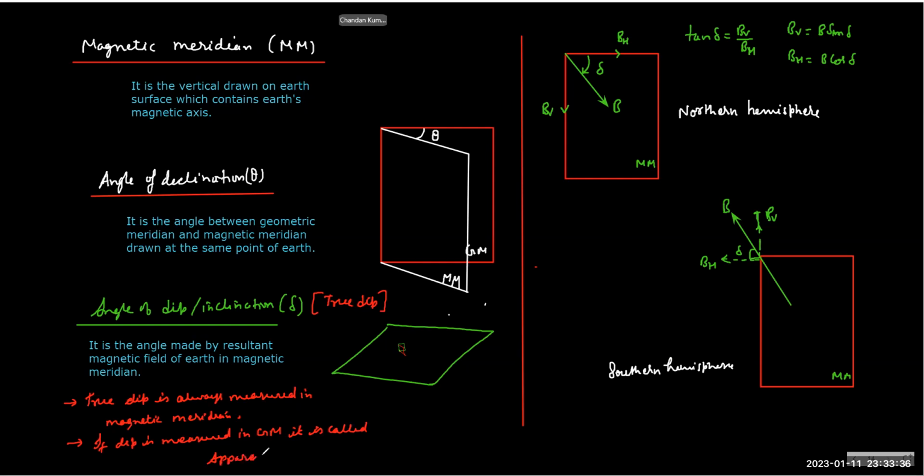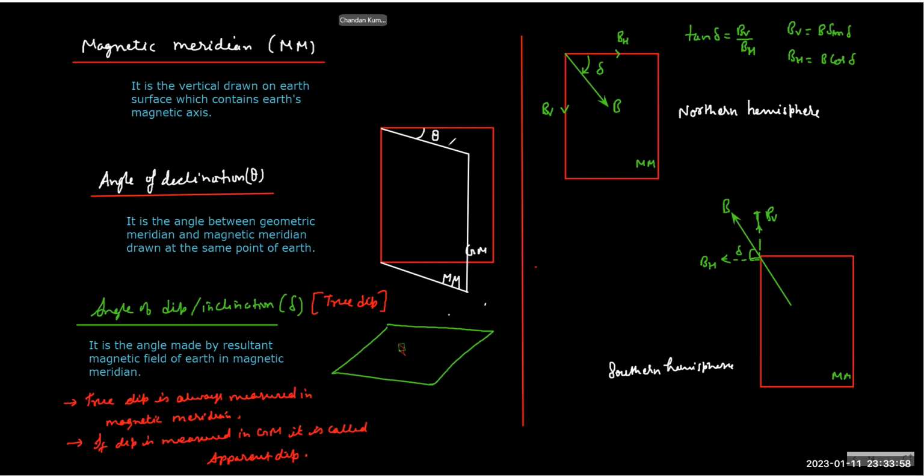Apparent dip. So one should be aware of these definitions: true dip, the angle of declination, magnetic meridian, and geometric meridian. Every question we can solve if we know these facts. That's it.